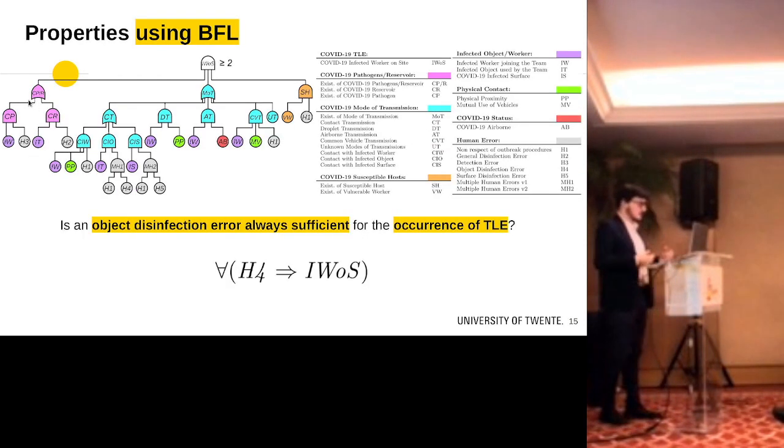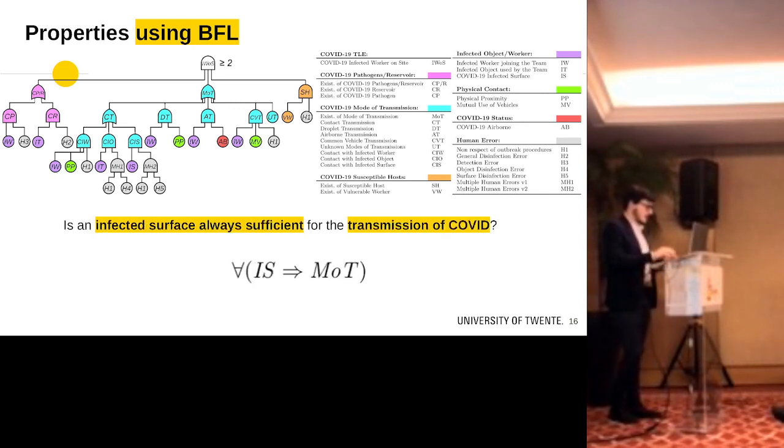So one might want to ask questions such as, is an object disinfection error always sufficient for the occurrence of the top-level event? You see on the bottom the BFL formula. Or is an infected surface always sufficient for the transmission of COVID, right? So oftentimes when you do a reliability analysis, you focus on only the top-level event.